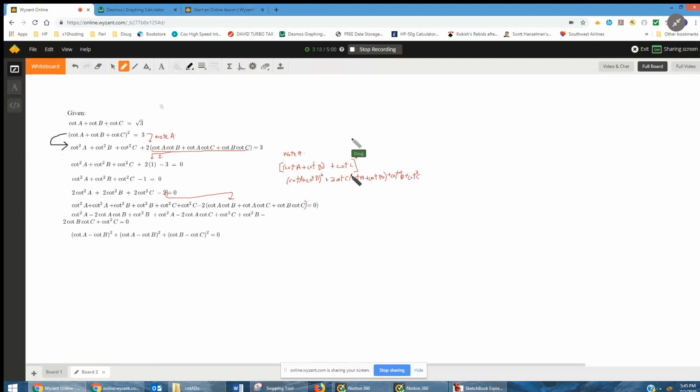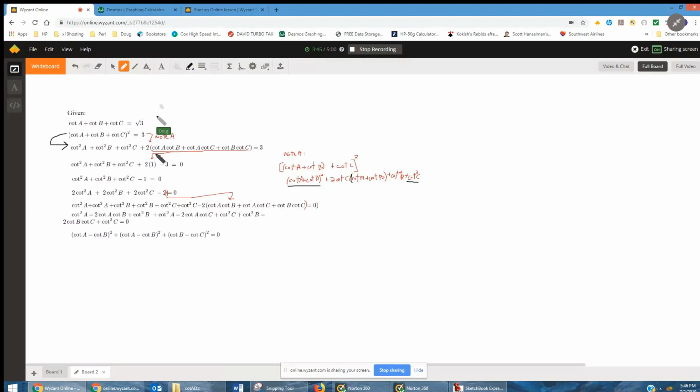That's cotangent C times the cotangent of A plus the cotangent of B, plus the second term squared is this guy out here. Okay, and then you could simplify this term by squaring that binomial and then group the terms accordingly. And this is what you end up with.